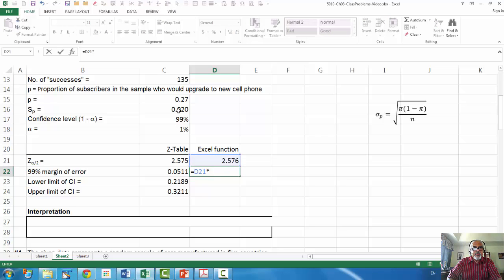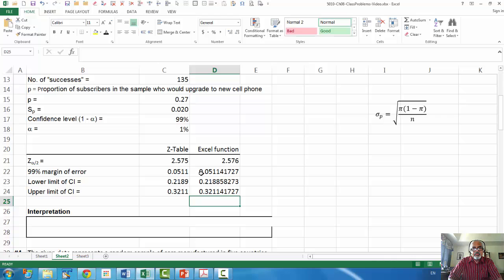Z times s will give you the margin of error. So p bar minus margin of error, p bar plus margin of error, they all give us the interval. And then the interpretation is that we are 99% confident that the true proportion of subscribers who will be willing to upgrade is between 22 and 32%.